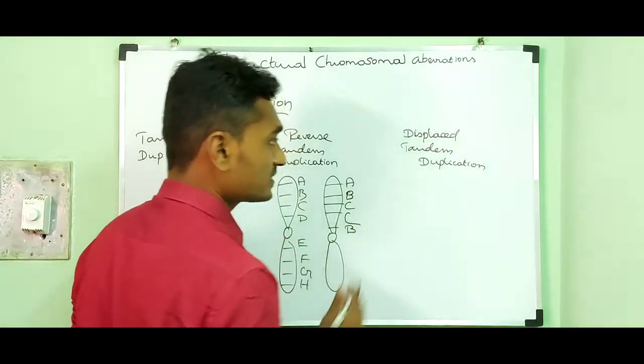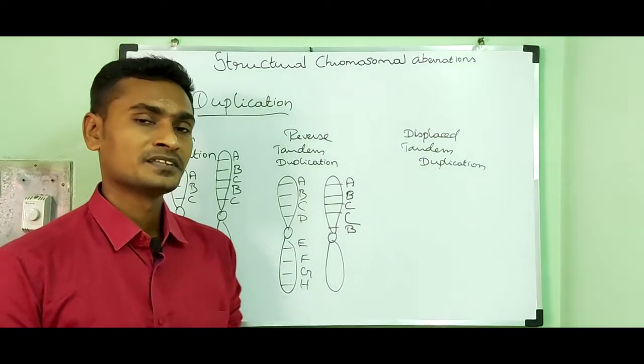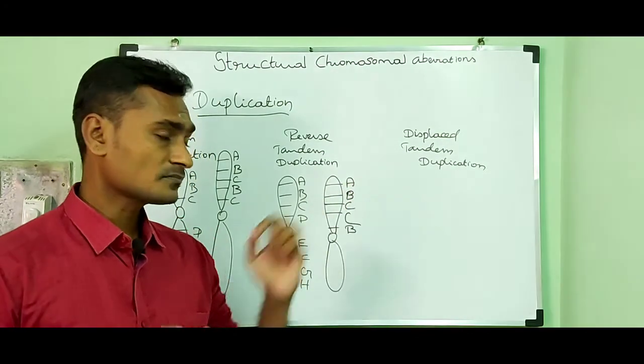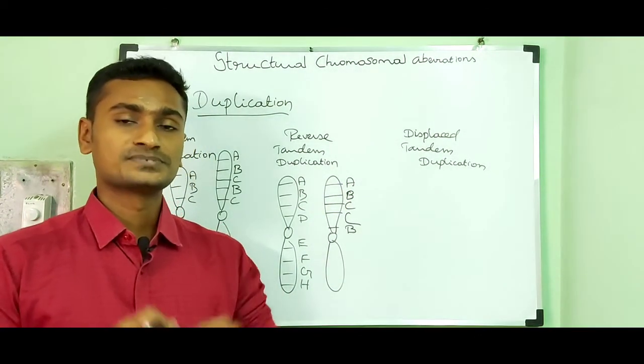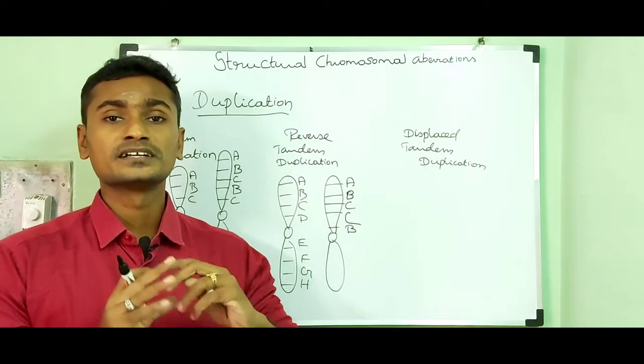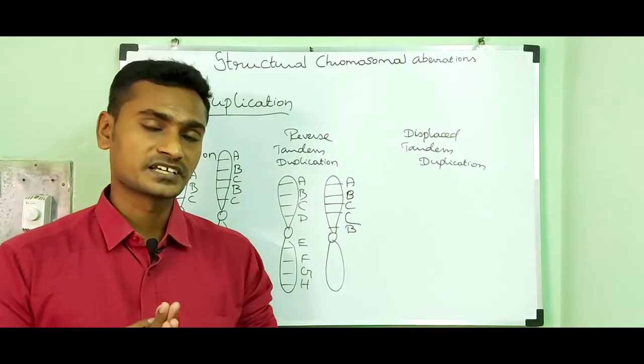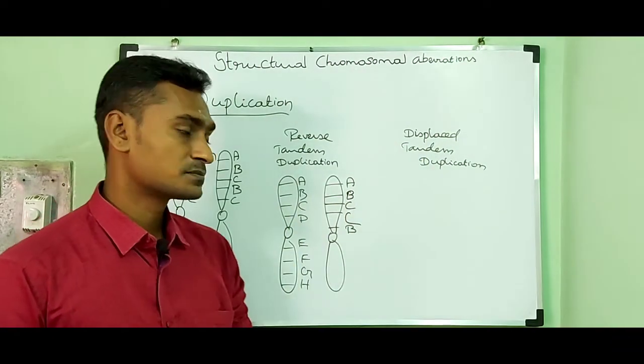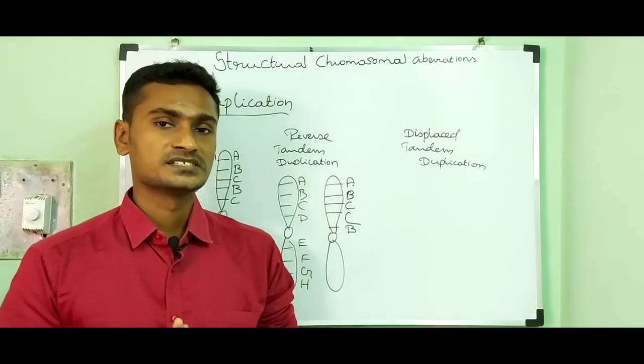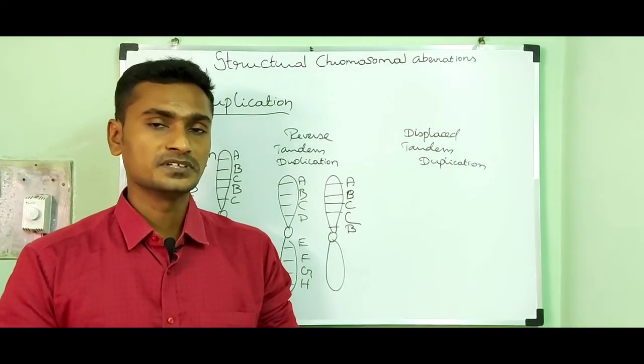Then the displaced tandem duplication means the duplicated segments are located away from the normal segment, and that process is called displaced tandem duplication.